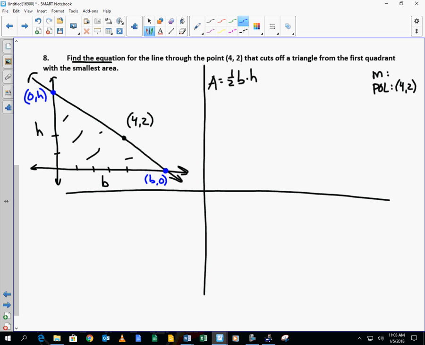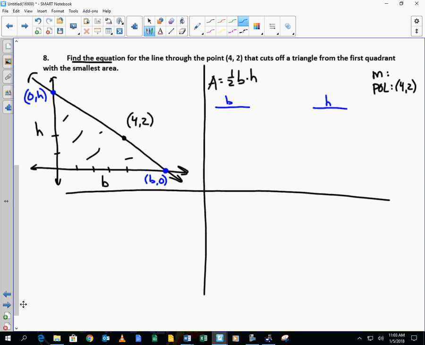All agreed there? So we need to write an expression for the base, and we need to write an expression for the height. And our expression really starts from the fact that the base, or the x-intercept, we know has a relationship to the point 4, 2.